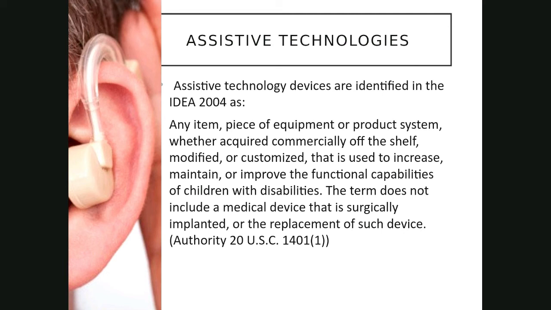The term does not include a medical device that is surgically implanted or the replacement of such a device. So, for example, cochlear implants would not be considered an assistive technology because it is surgically implanted.